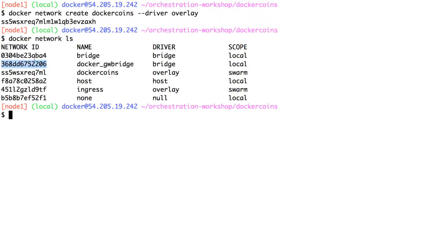So this is a little thing to keep in the back of your mind when you're troubleshooting stuff. When you see an ID that is hexadecimal, you know that it's, let's say, a Docker classic object. When you see all letters and numbers, you know that it's Swarm. It's kind of on purpose because it gives a kind of hint of what's going on. So in that case, I know, okay, this is a global network. It's on my whole Swarm. This is a local network. It only exists on this node.